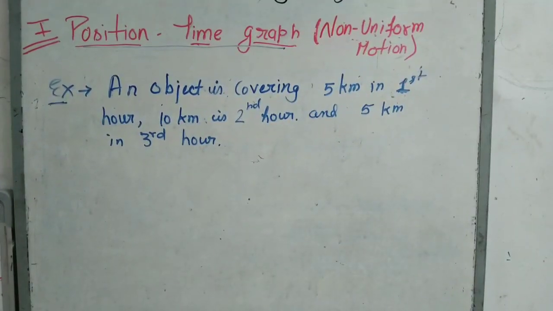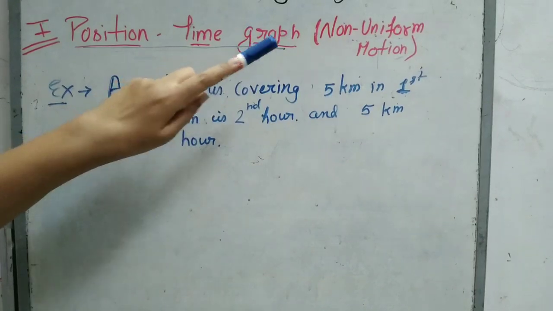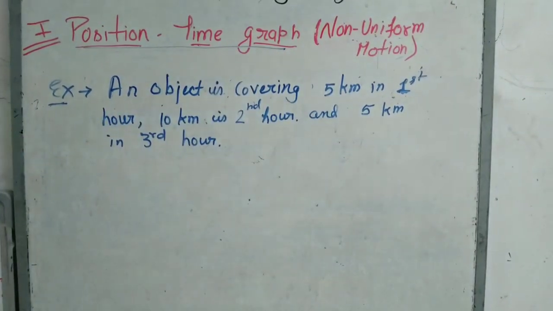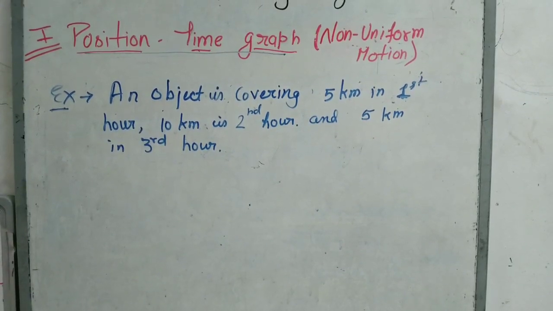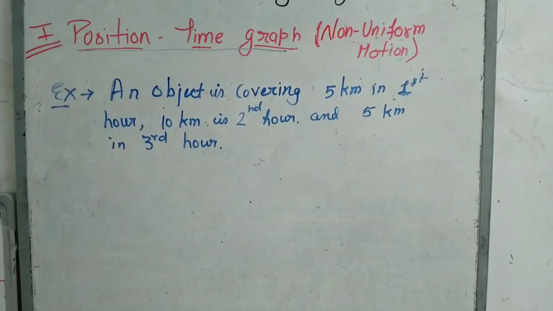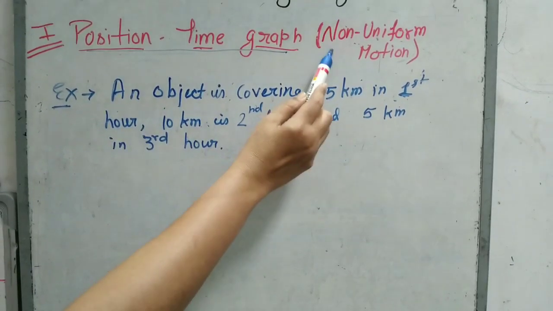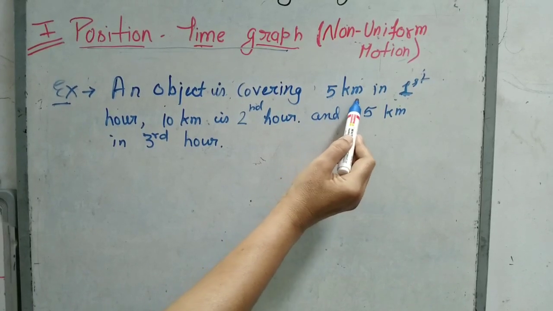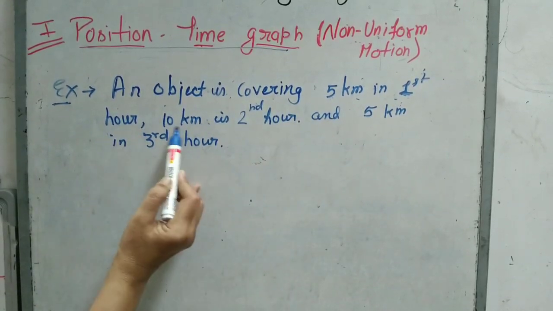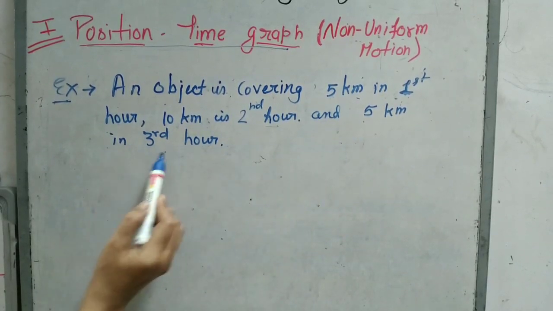Now, here is the third condition of the position time graph, when an object moves with non-uniform speed or velocity. See, we have again taken an example. Suppose our object is moving with non-uniform speed, so it is covering 5 km in the first hour, 10 km in the second hour, and again 5 km in the third hour.